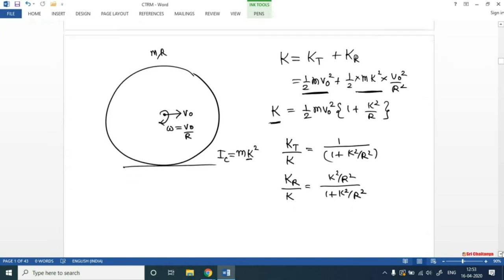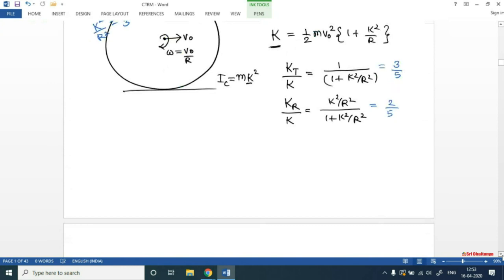For example, if this body is a hollow sphere, the value of k square by r square will turn out to be 2 by 3, because we know the moment of inertia. So the denominator, 1 plus 2 by 3, would be 5 by 3, so this fraction will turn out to be 3 by 5, and this one will turn out to be 2 by 5. This is the fraction we are having.